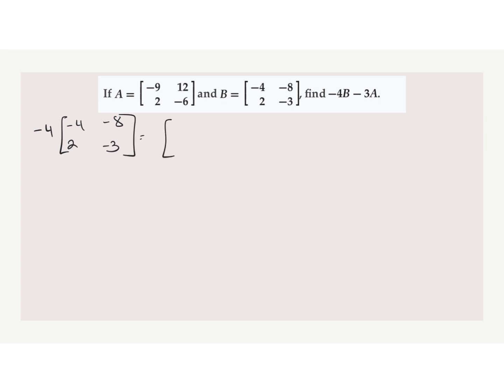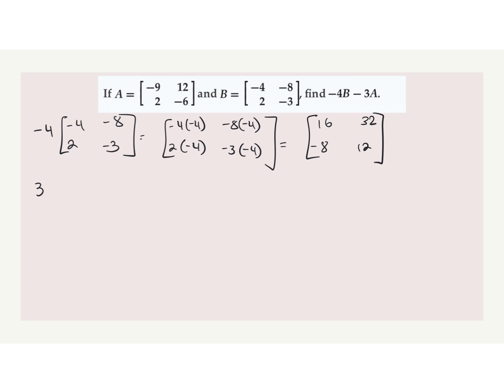That's going to become negative 4 times negative 4, negative 8 times negative 4, 2 times negative 4, negative 3 times negative 4. That's going to be 16, 32, negative 8, and 12. Awesome, we found the first section, which was 4B.